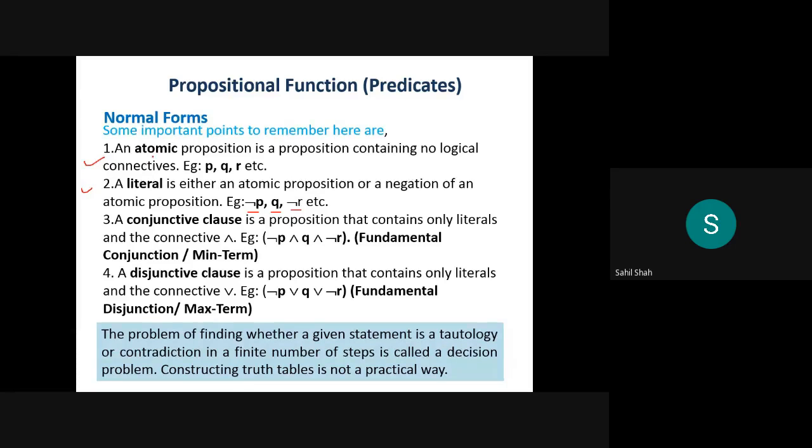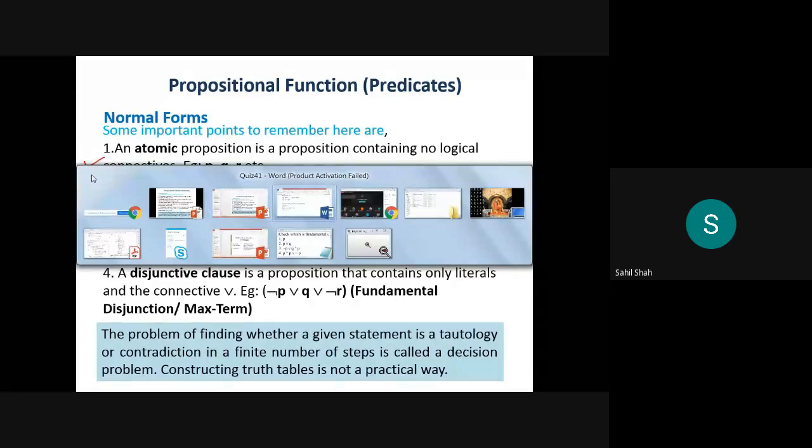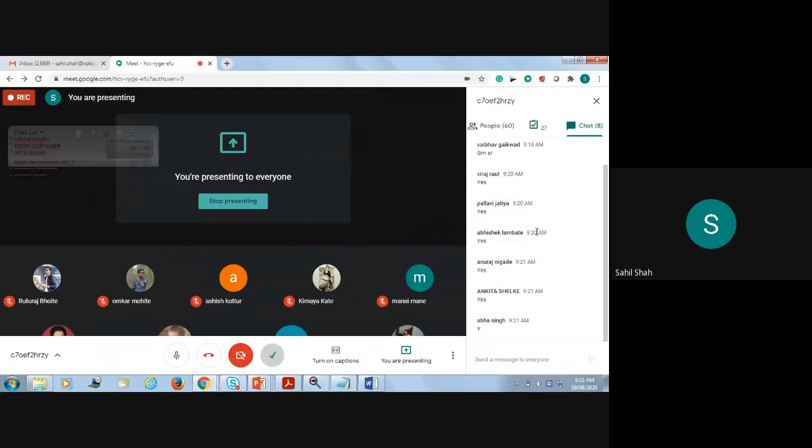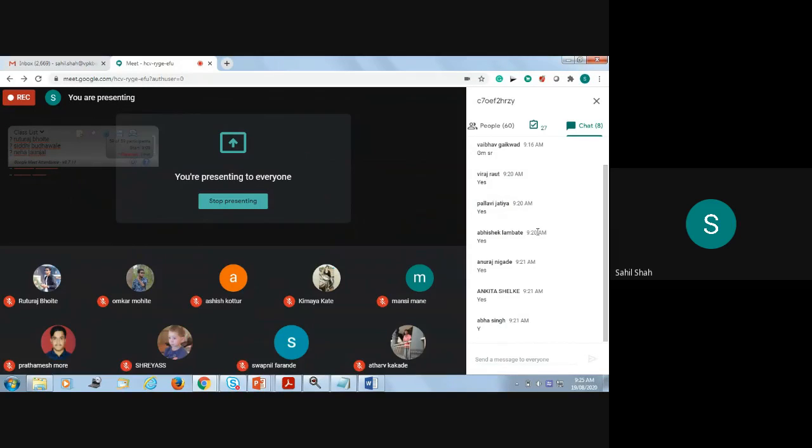Once you have understood about atomic and literal, please let me know if anything is wrong, if my voice is not audible, or you need revision of some concept in the chat window. The things are a little bit complicated in comparison with whatever we have discussed so far, which was very easy. Now we are actually turning into discrete mathematics. If anything is wrong, let me know.